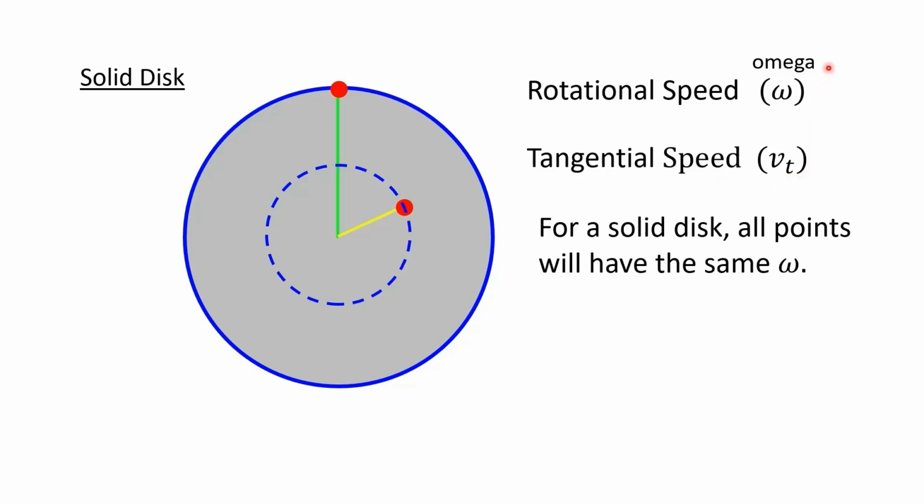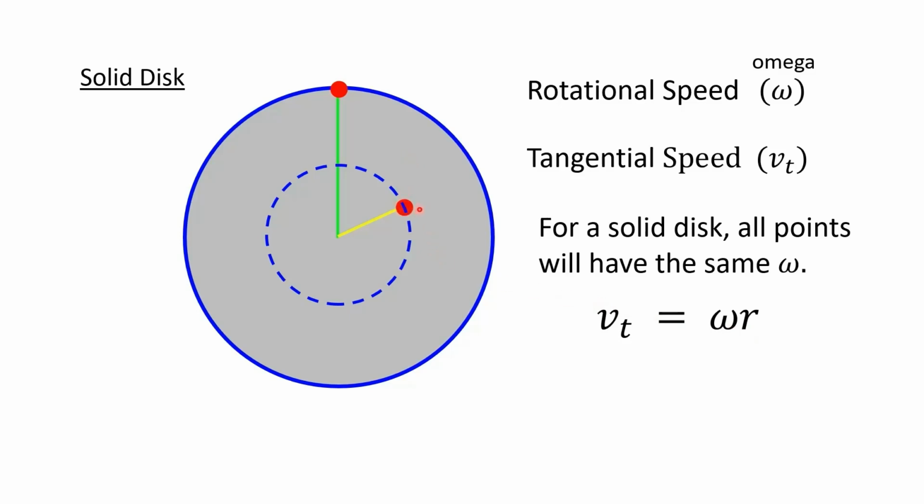There's a relationship that connects these two and highlights the difference in the tangential speeds, like this. So the tangential speed is equal to the rotational speed multiplied by the radius. So omega is the same for every point. What distinguishes the tangential speed is then just the radial distance, or how far it is from the center.